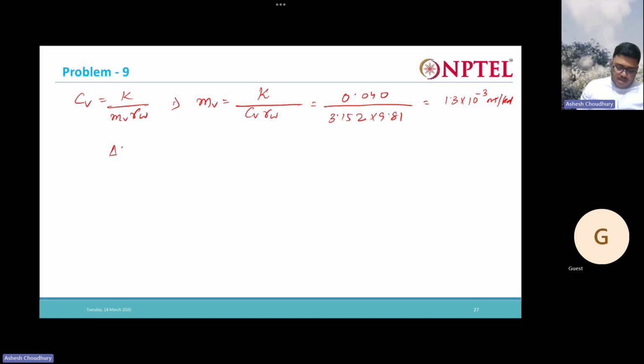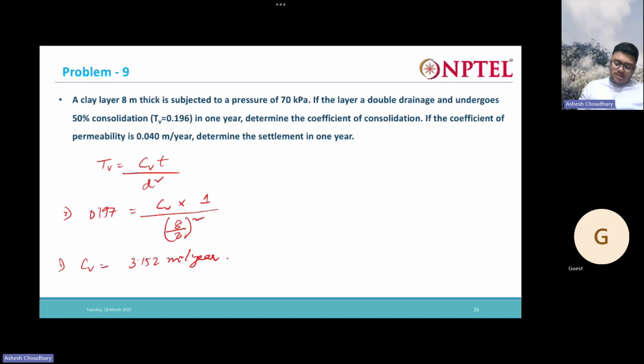Now delta H is what? MV into delta sigma into H. So 0.728 meter, this is the total settlement. Total 100% consolidation settlement will be this much. Now it is given under 50% consolidation.